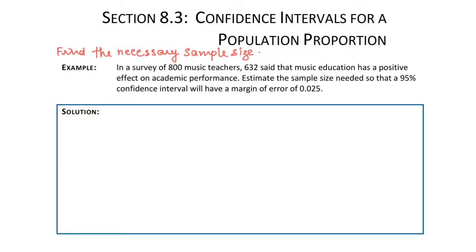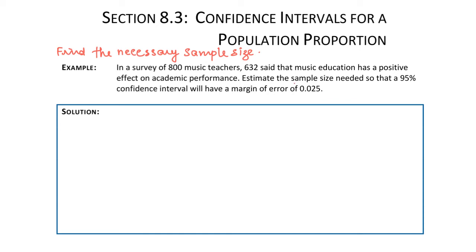This is an example to find the necessary sample size. In a survey of 800 music teachers, 632 said that music education has a positive effect on the academic performance. We need to estimate the sample size needed so that the 95% confidence interval will have a margin of error 0.025.